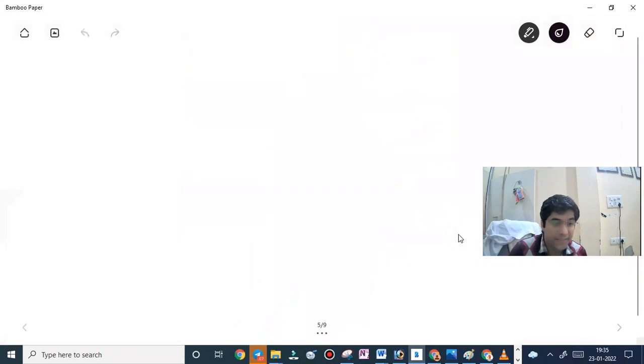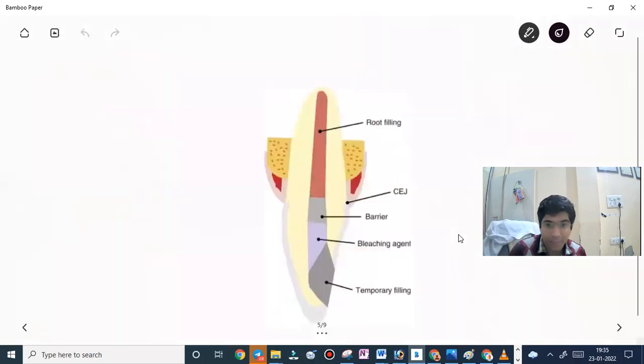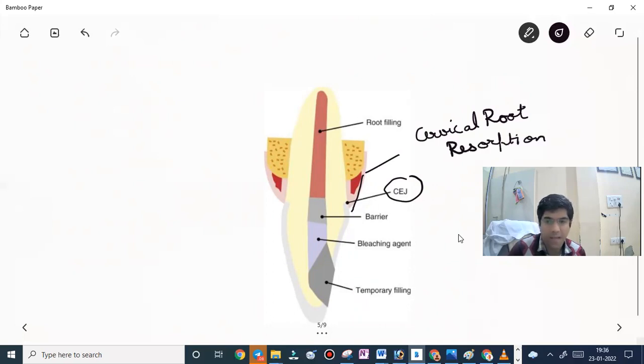The other point is that a protective barrier placed at the cemento enamel junction will reduce the risk of cervical root resorption and damage to the periodontal ligament.